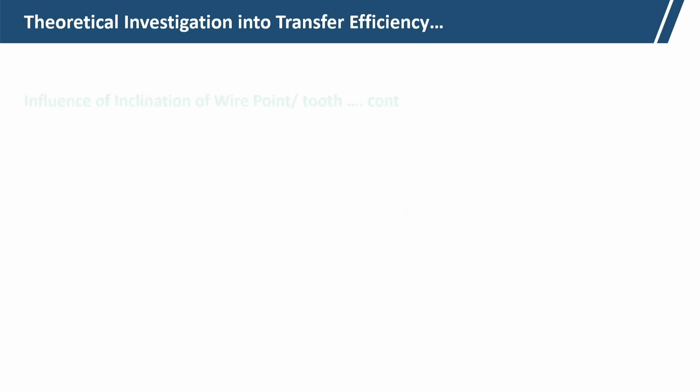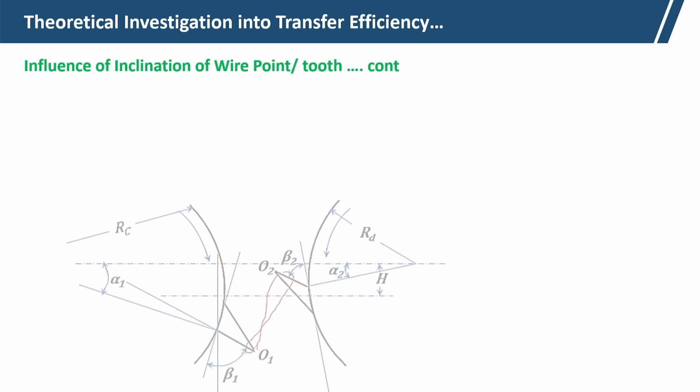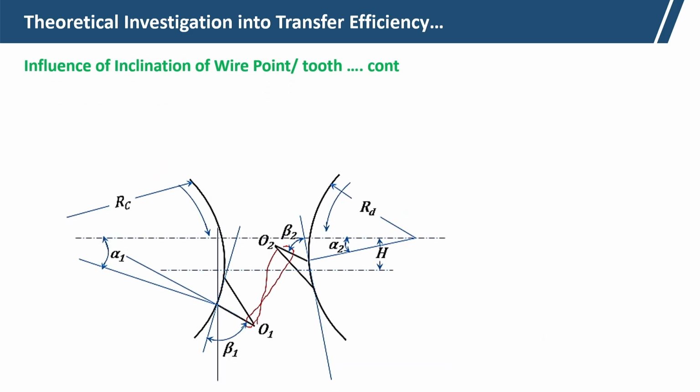Okay. So, here we can see this is the angle alpha 1 for cylinder and alpha 2 for doffer. So, alpha 1 and alpha 2 are the angles with the perpendicular of the plane.